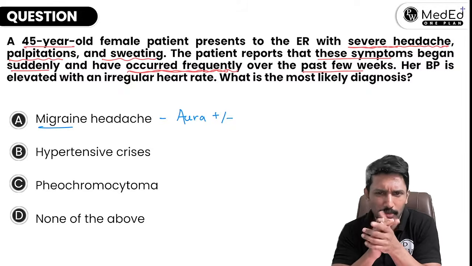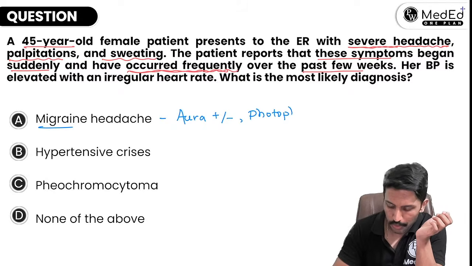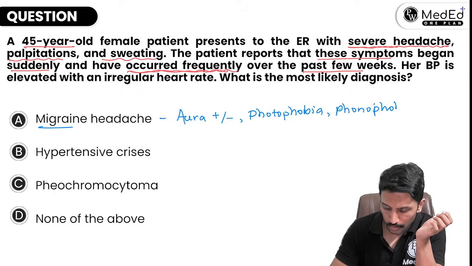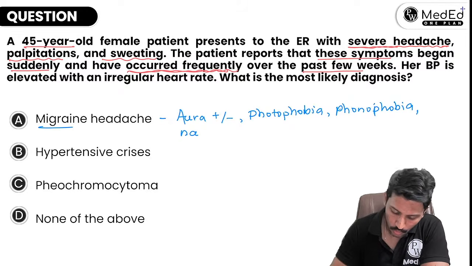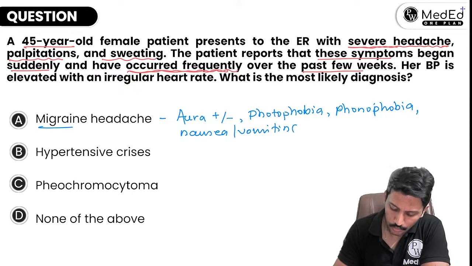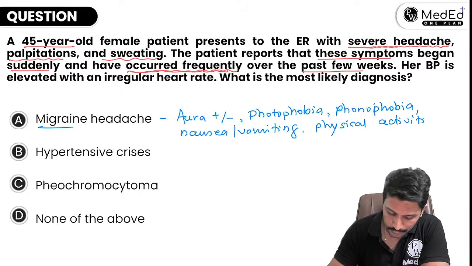Apart from that, migraine patients may have photophobia and phonophobia, intolerance to bright light and loud noises. They can have nausea or vomiting. And another clue examiners might give is that physical activity worsens migraine headache. But these clues are not there.